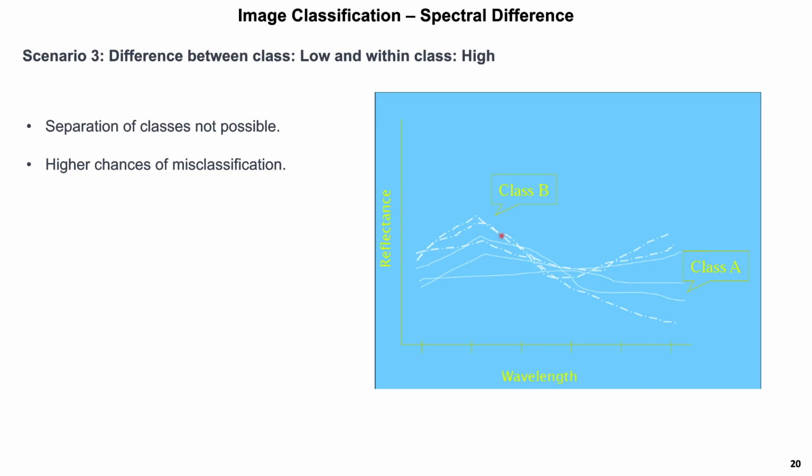In this case, it is very, very difficult to do the classification, and you may have to check whether the training data that you chose is proper or not. You should select your training data in such a way that this kind of mixing between the spectral signatures is not too much.